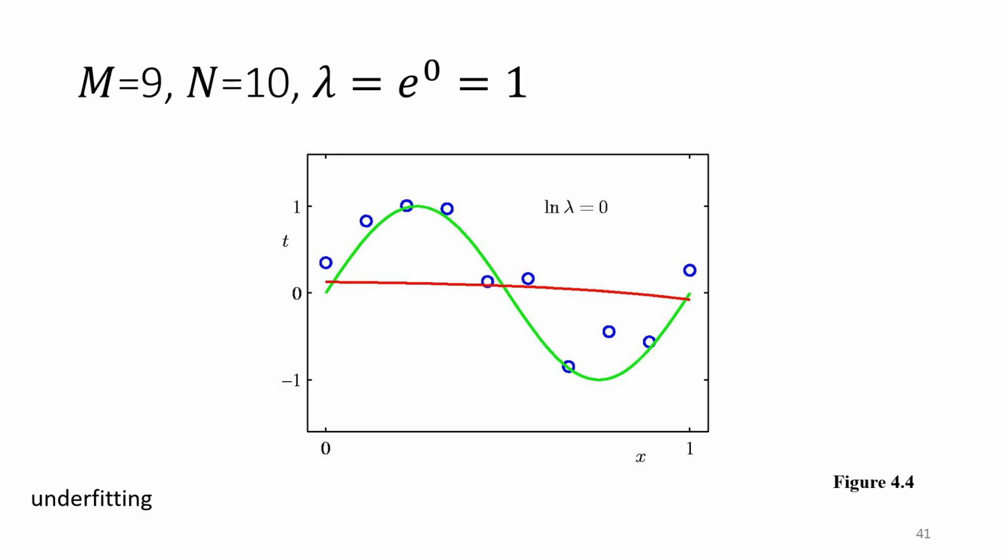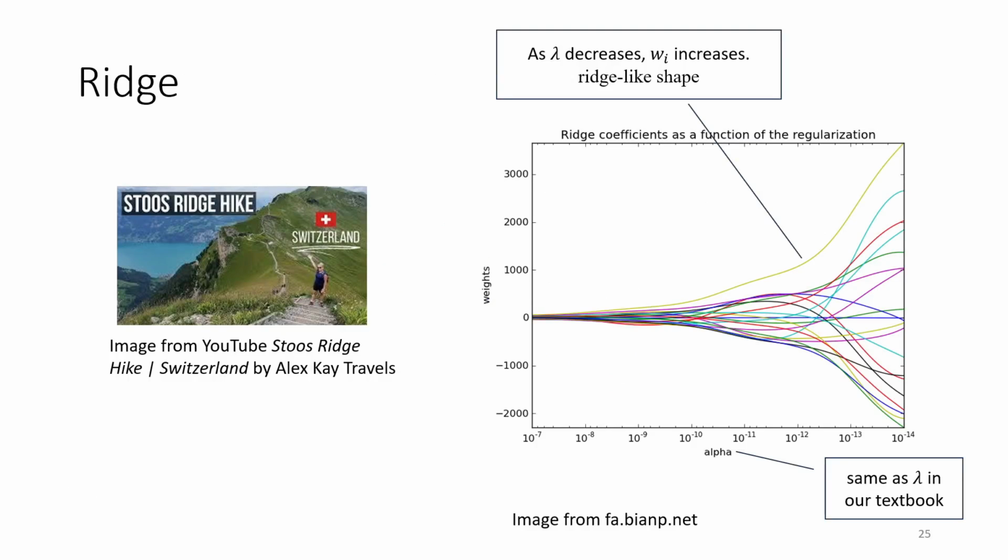So why does it happen? Let's go back to this slide again. If we use a relatively large lambda, then all coefficients will be suppressed to 0 or very small values, like this one. Oh, sorry, I forgot to do it here.